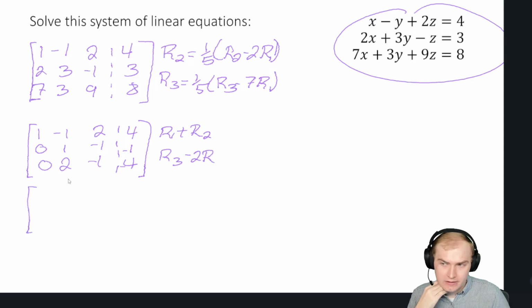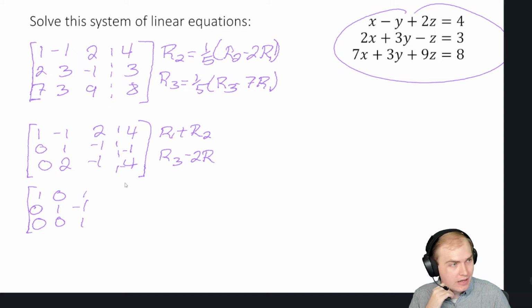And the de facto way to solve these is to perform row operations on the augmented matrix, which means just the matrix of the coefficients augmented with an extra column. That's the right-hand side of all the equations.